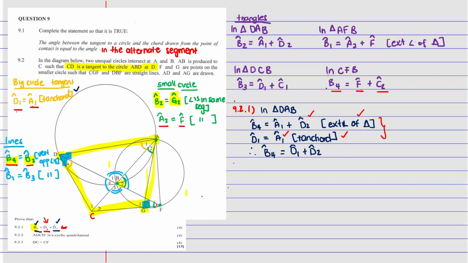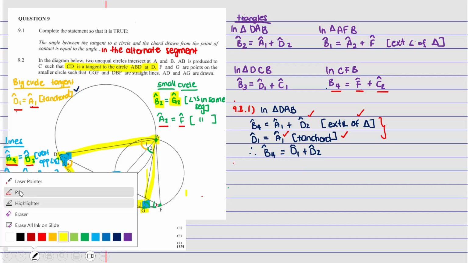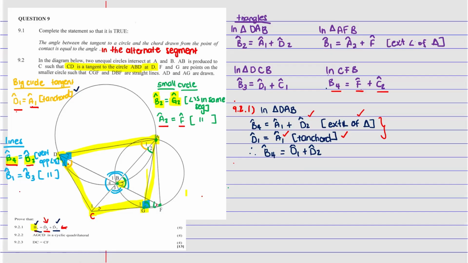Remember that our goal is to prove that G2 is equal to D1 plus D2. Let me write it in red so that you can see the goal, and as we start connecting, you know where we're going.